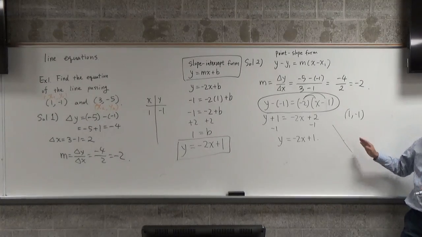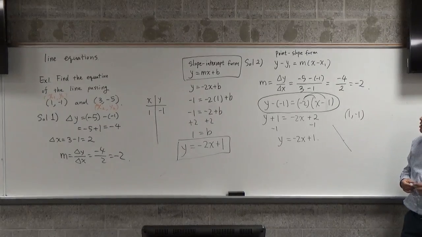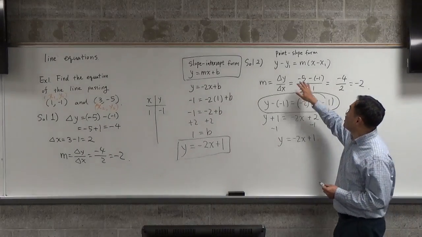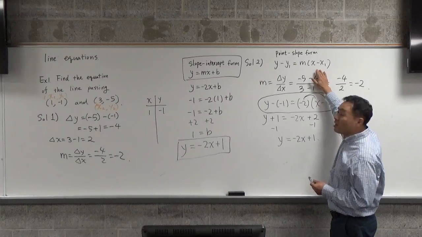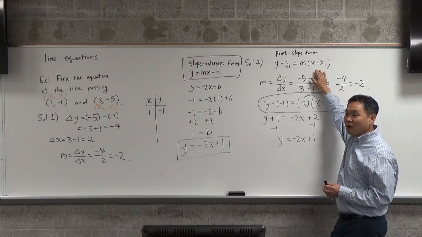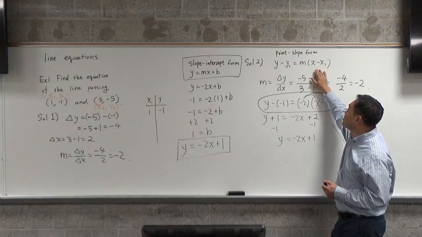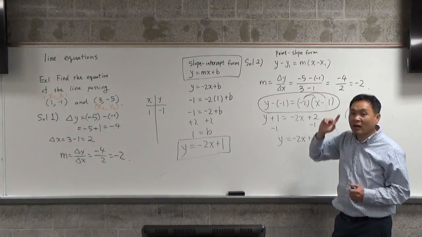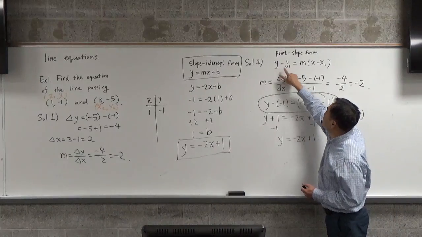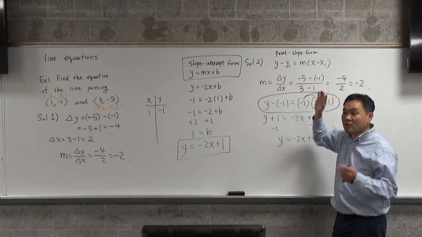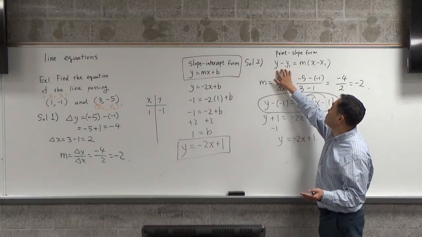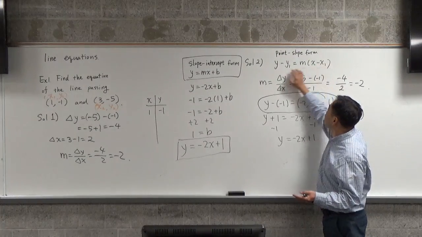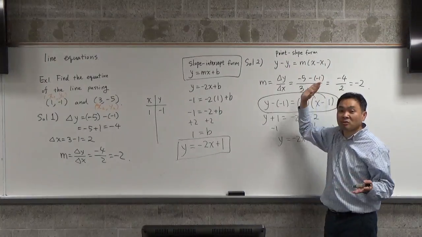The reason I'm explaining this is because many of you take this as some really complicated formula that you have to memorize. But it's not. It's kind of obvious. Why? Because having y minus y1 and x minus x1 already tells you that this line equation is going to pass through x1 comma y1, right?